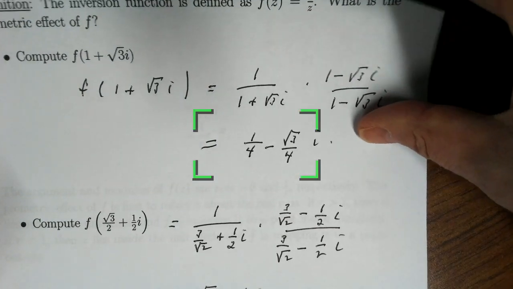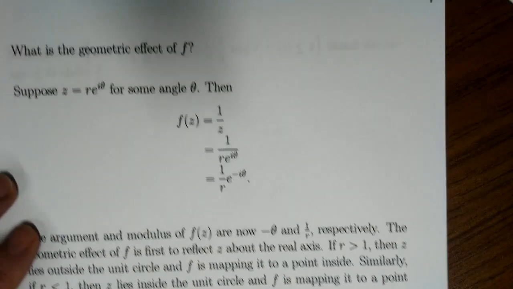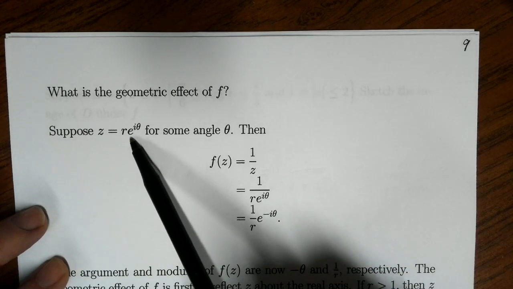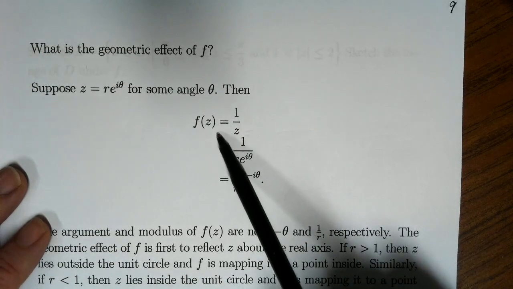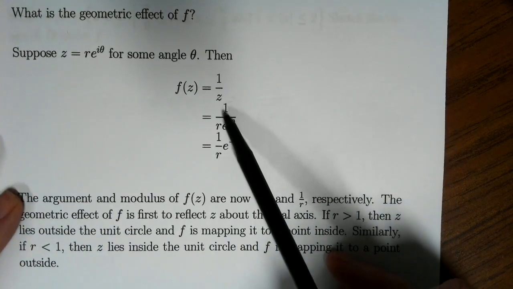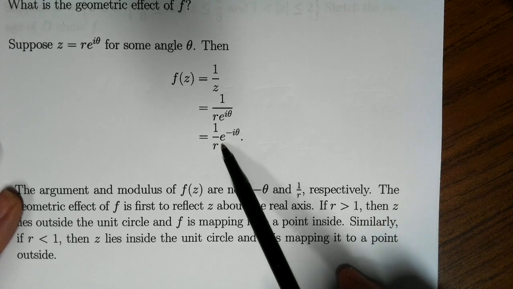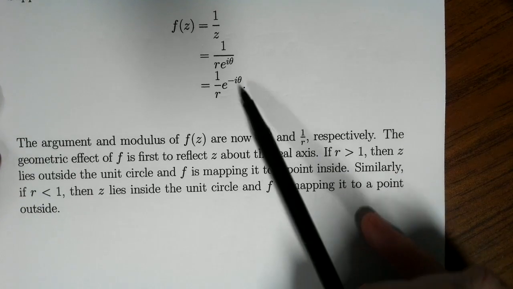But what is the geometric effect overall of the inversion function? So let's say that z is equal to r e to the i theta for some angle theta. Then f of z would be the reciprocal, which would be 1 over r times e to the i theta, and I can rewrite this as 1 over r times e to the minus i theta.